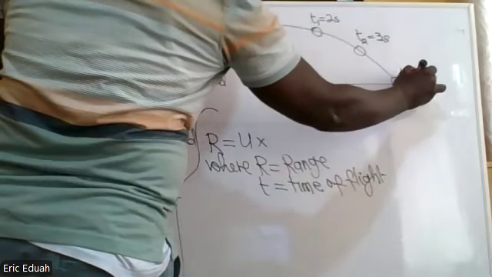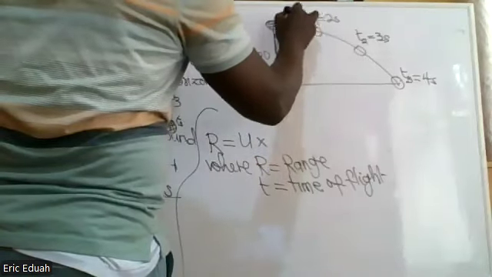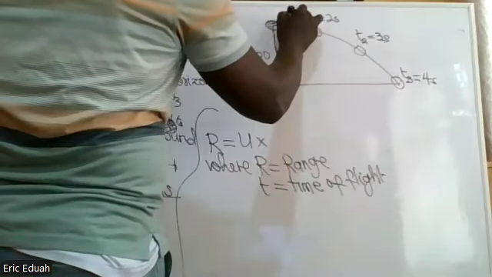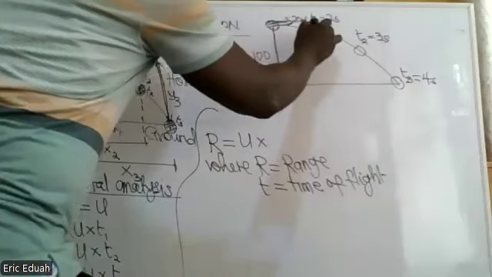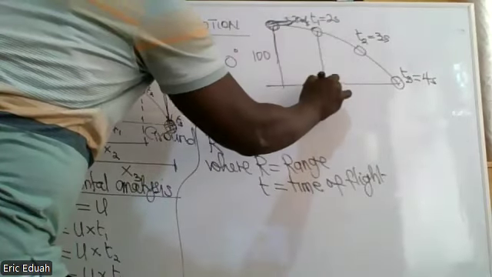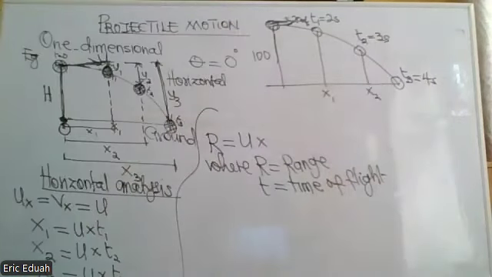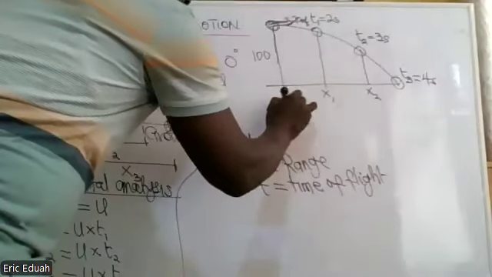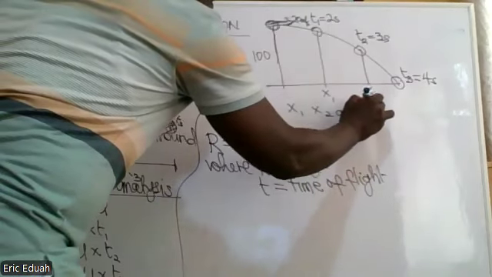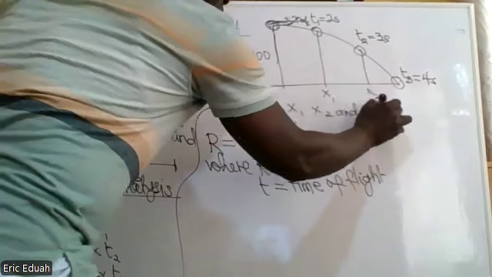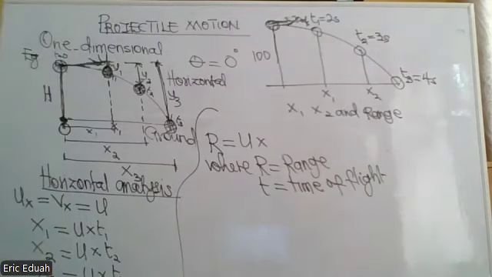And T3, this is 4. The velocity of projection U is 20 meters per second. If this is X1, this is X2. Determine X1, X2, and the range.